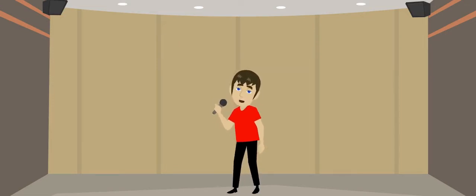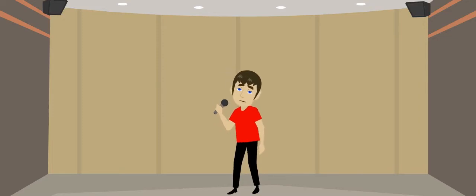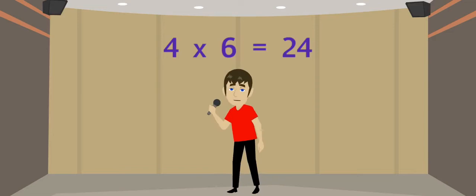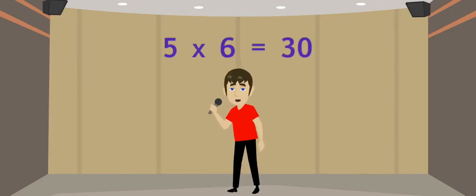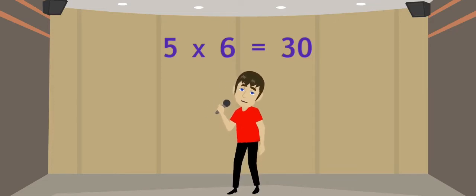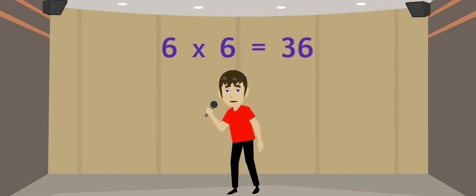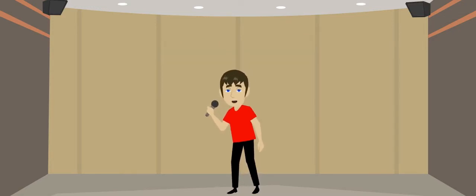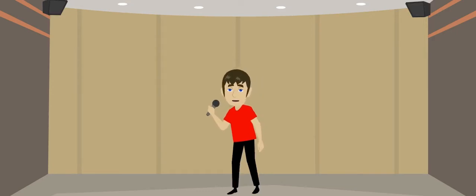Let's multiply with number 6. 4 times 6 is 24. 5 times 6 is 30. 6 times 6 is 36. Let's multiply with number 6.